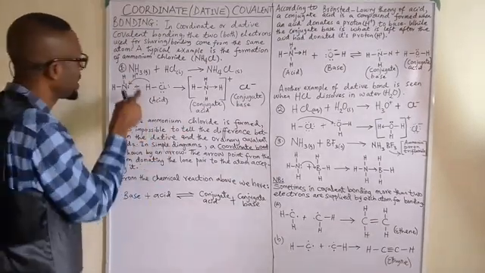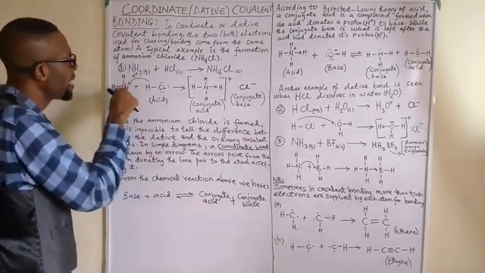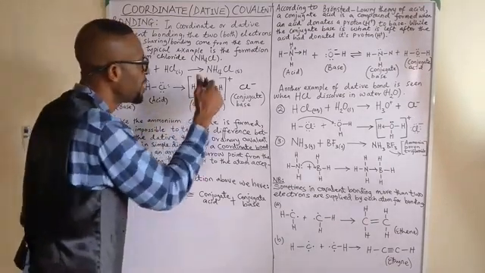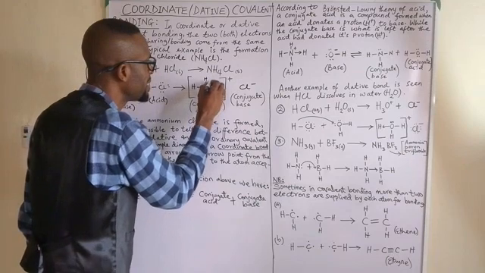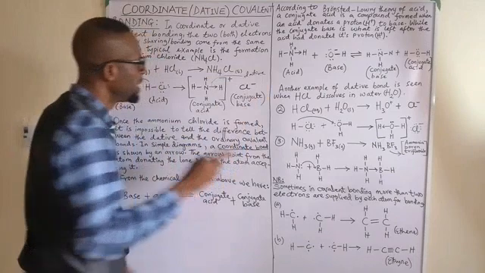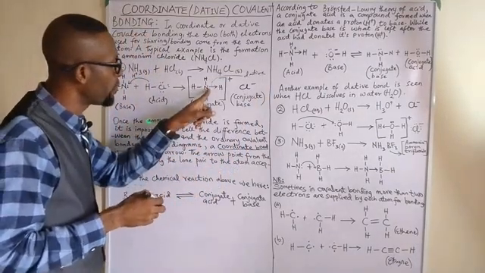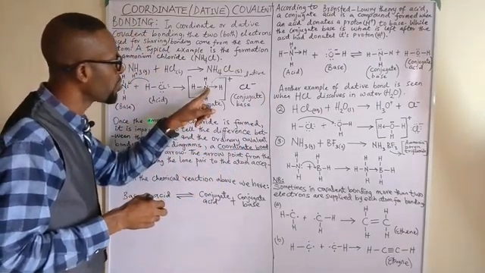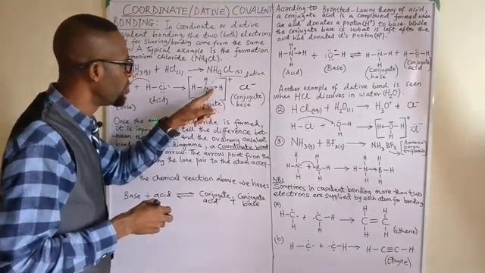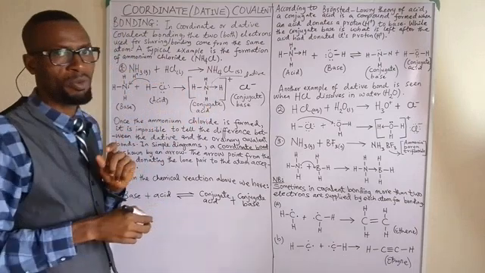So the hydrogen ion comes and attaches itself here, and that makes a kind of covalent bond known as a dative covalent bond. Dative because we had a lone pair of electrons here. When the hydrogen ion has been attached, we use that lone pair to make one single covalent bond.